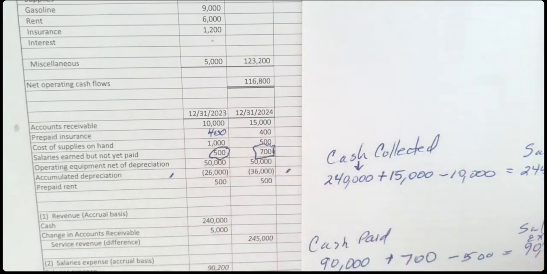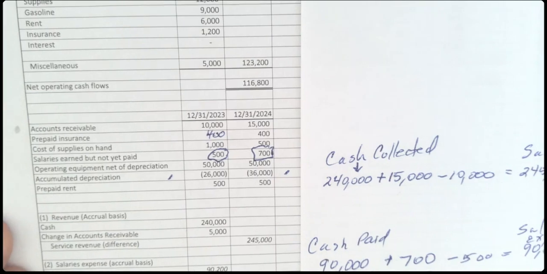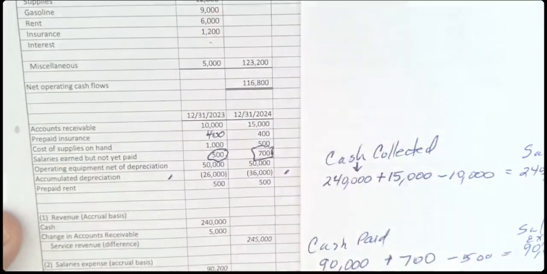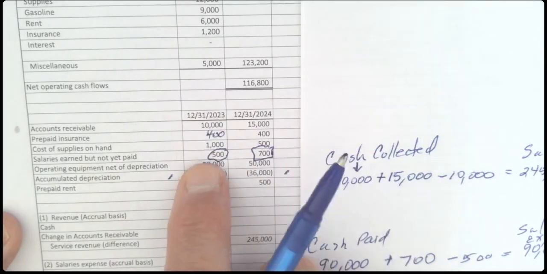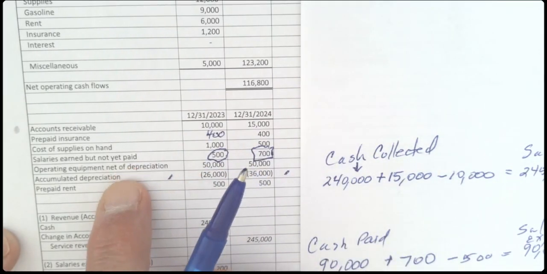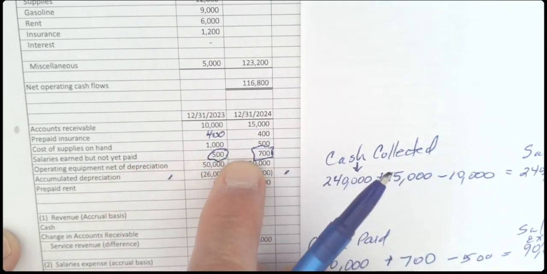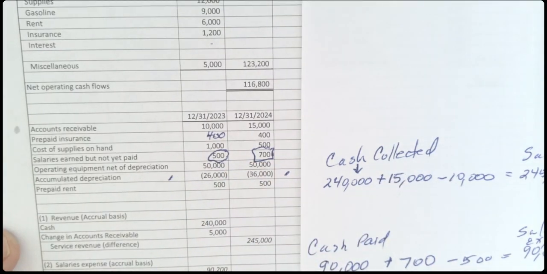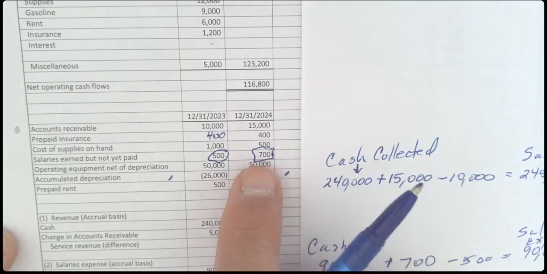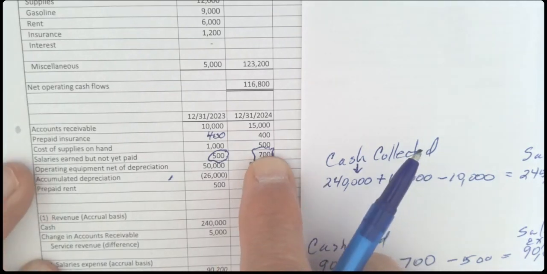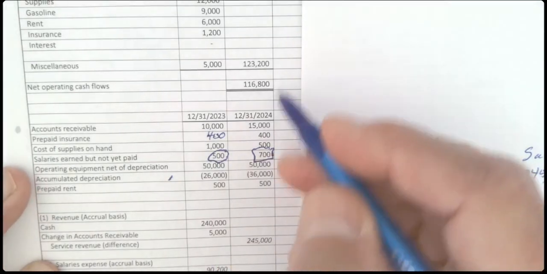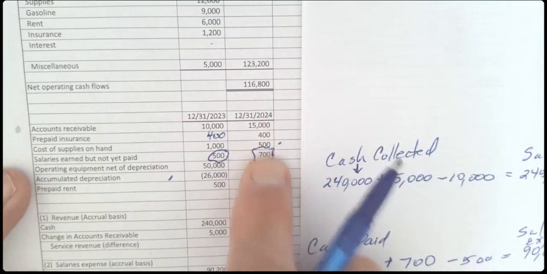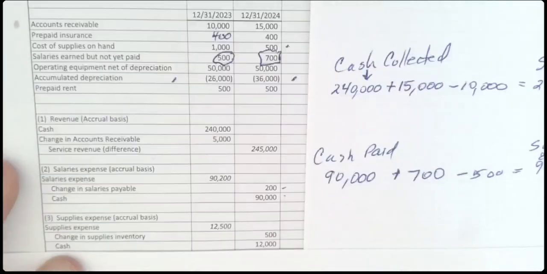All right. So the cash is the $12,000 credit. The change in supplies inventory is a minus $500, so it's a credit. Sorry about that.